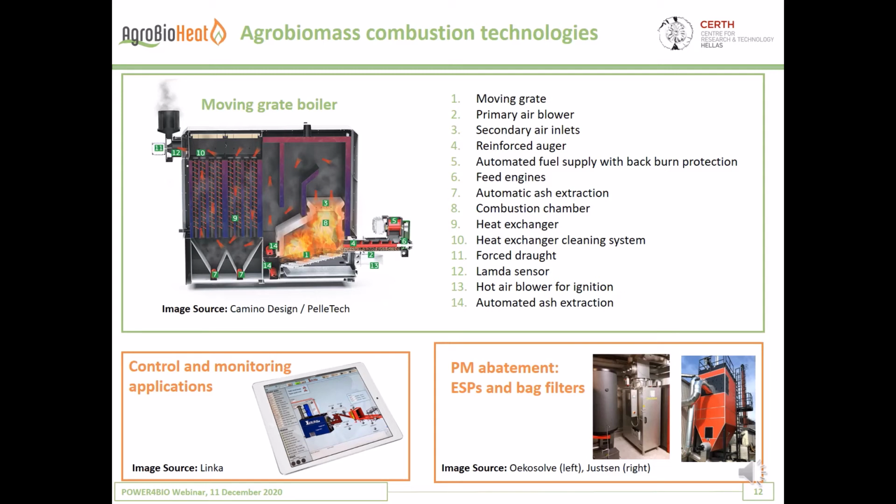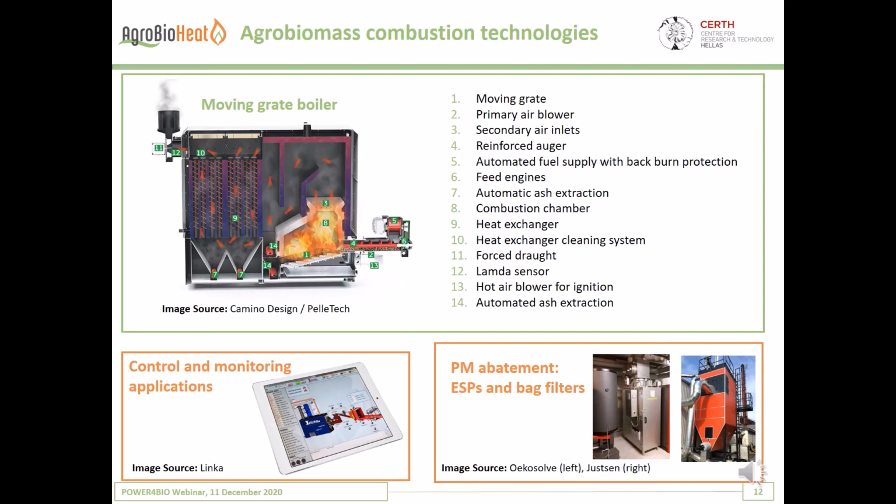It essentially comprises a fuel feeding system that might be adapted to deal with any peculiarities of agrobiomass, for example, larger or irregular particle size. You have the moving grate itself and the furnace.